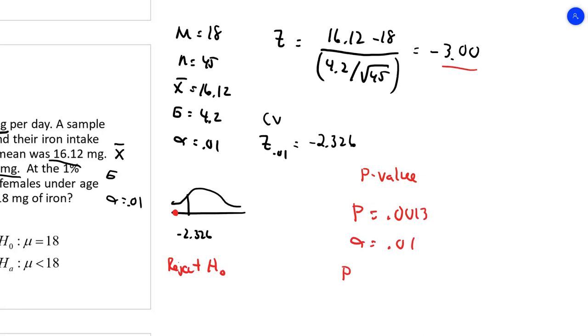So yes, clearly p is less than alpha, so reject the null. I'm willing to accept up to a 1% error. The probability I'm given is essentially 1/10 of 1%. So yes, I got plenty of room to reject the null in favor of the alternative hypothesis.